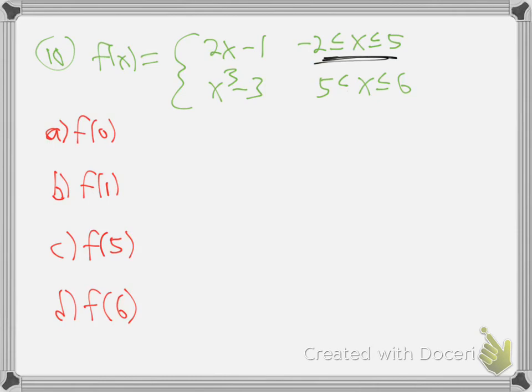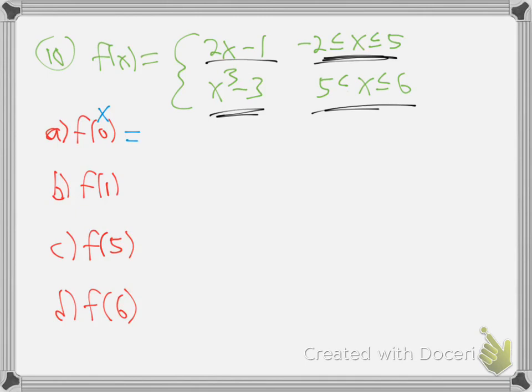So if the x value is between -2 and 5, you plug into the top function. If the x value is between 5 and 6, you plug into the bottom function. So let's try part A. F of 0. The x is always what's in the parentheses.